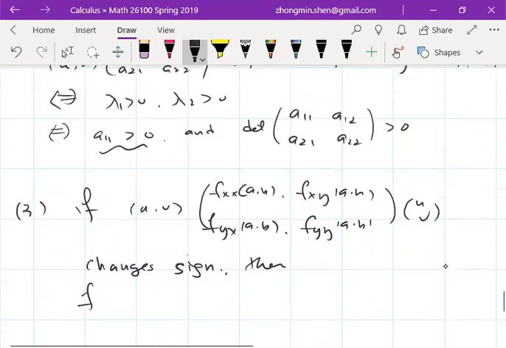The value of the function is not a local maximum or minimum.